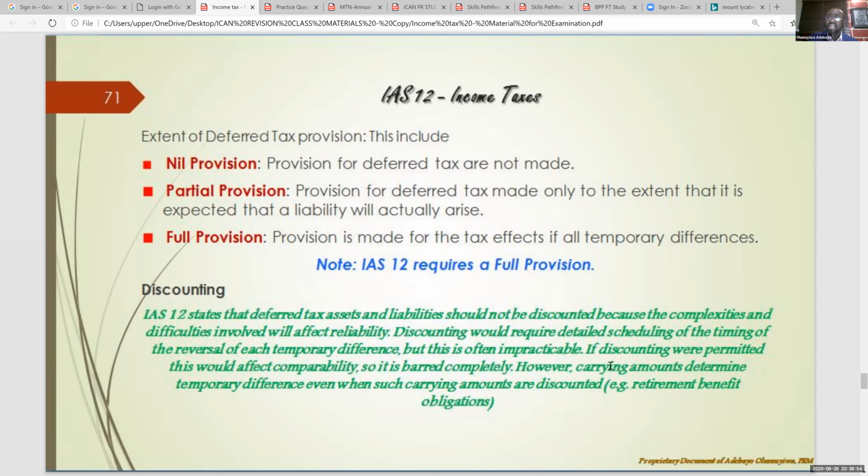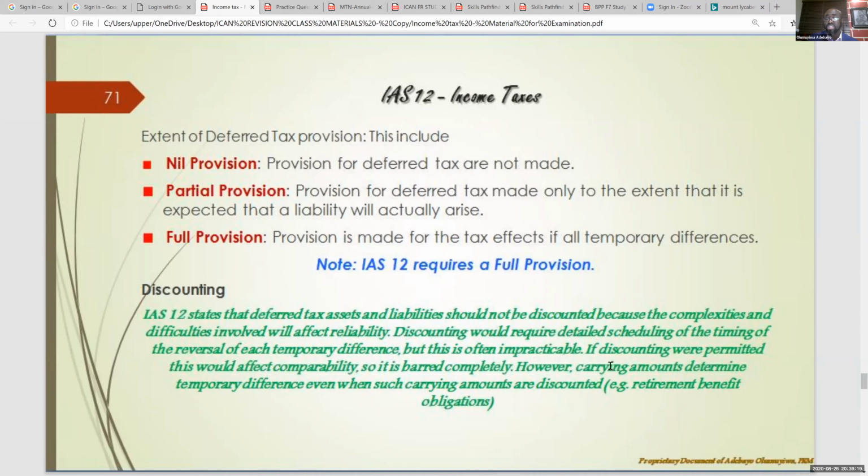Now, deferred tax is considering the effect of future taxes or future tax consequences. The future we are talking about is not 1 year, it's not 2 years, it spans as many years as possible. Now the question then is, should we discount the temporary differences?